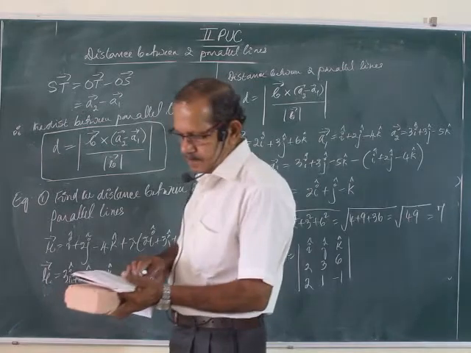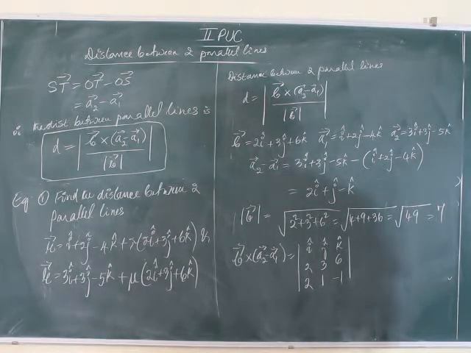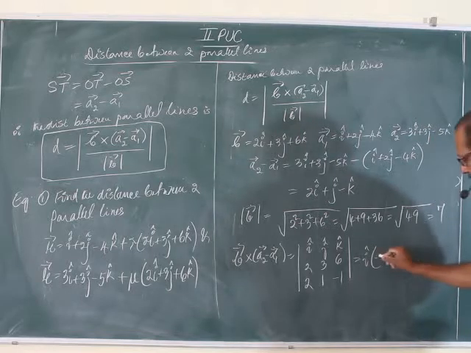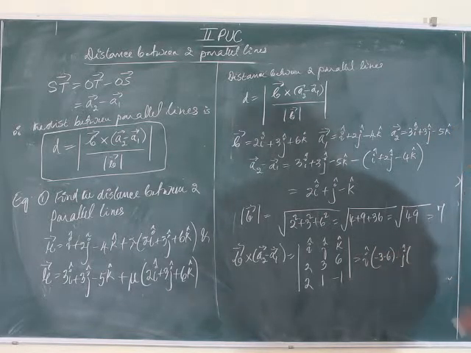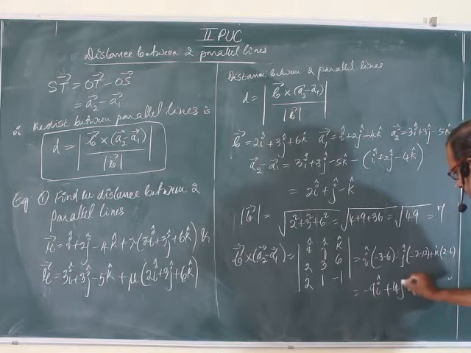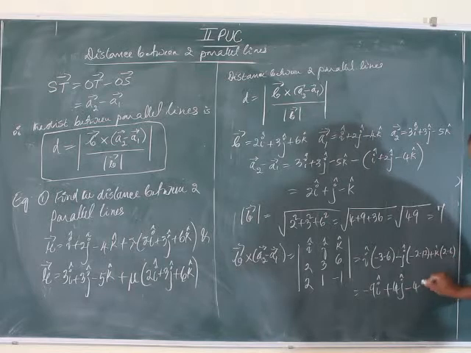Mod B cross A2 minus A1 divided by mod B. It is equal to i into minus 3 minus 6, minus j into minus 2 minus 12, plus k into 2 minus 6, that is minus 9i minus of minus 14j minus 4k.